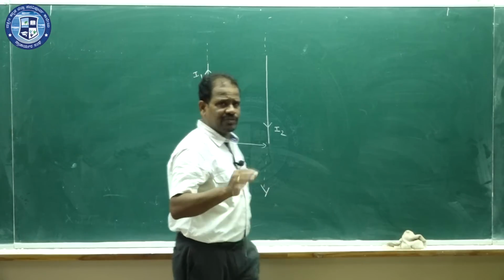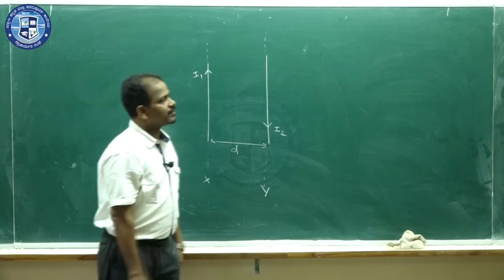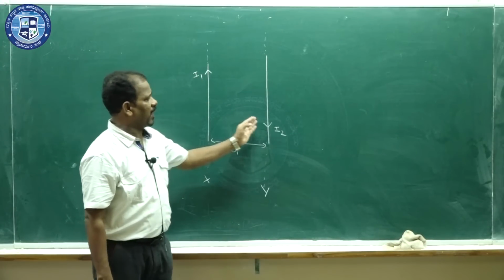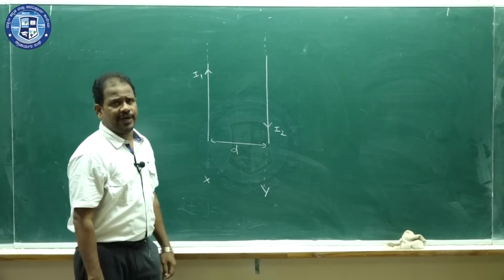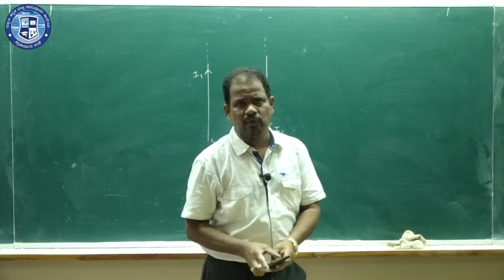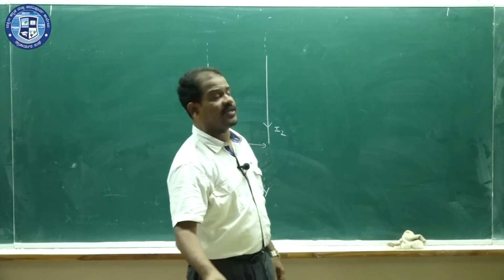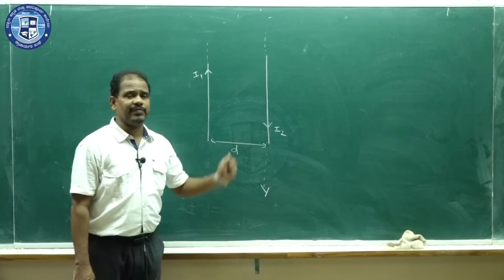I told you the derivation is the same as the previous one, only the direction differs. So consider two parallel conductors, X and Y, carrying currents I1 and I2 in opposite directions, separated by a distance d. I need to calculate the force per length between them.